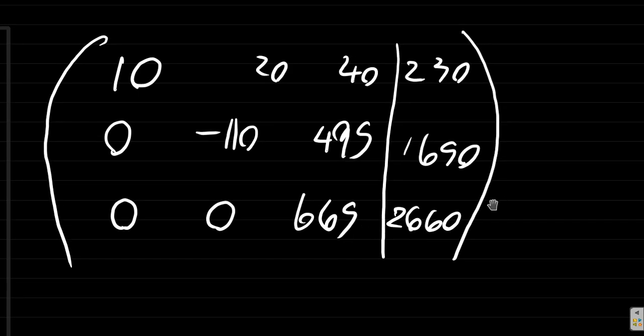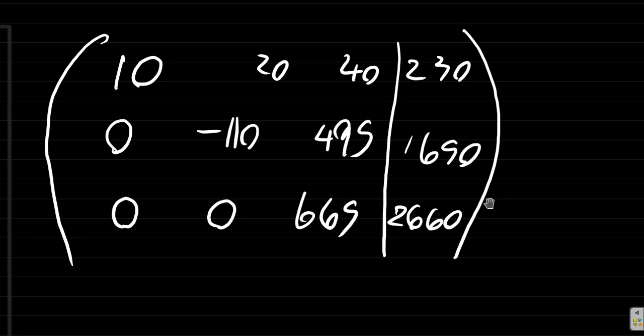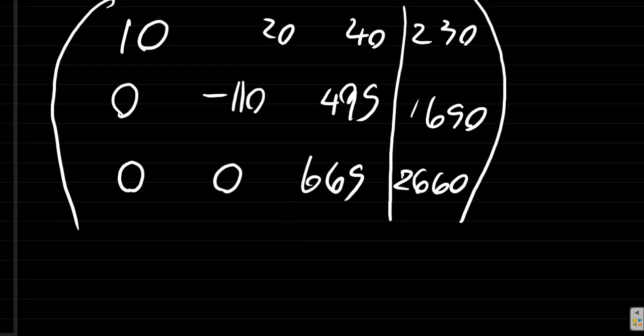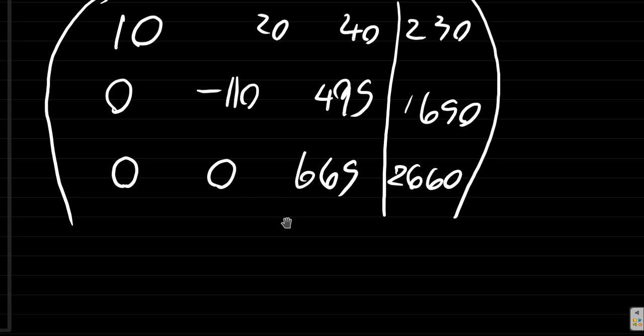Now, we have some big numbers here. We could very well divide out each row by a number. Like we could divide row 1 by 10, divide row 2 by 5 and row 3 by 5 or some other number. But let's keep it as it is for now. Let's rewrite everything back in equation form.